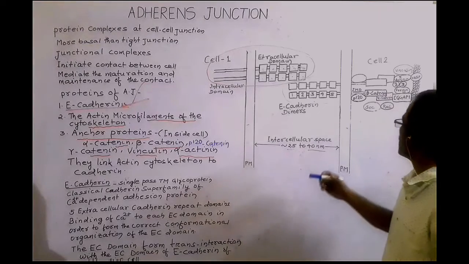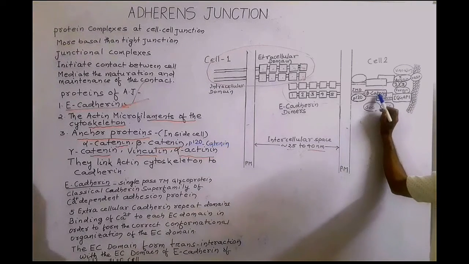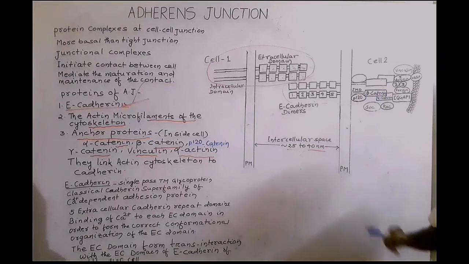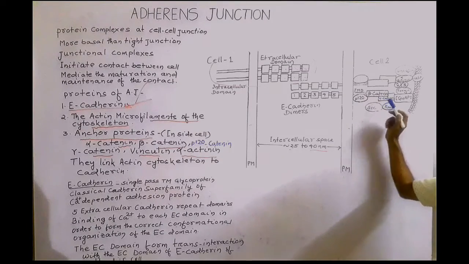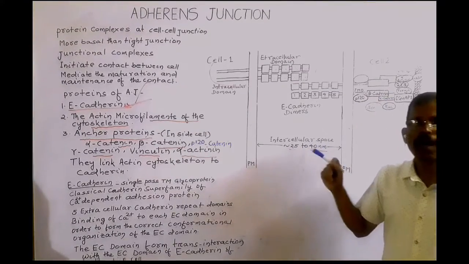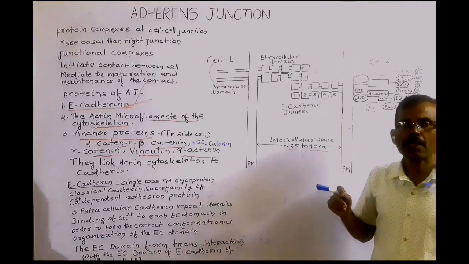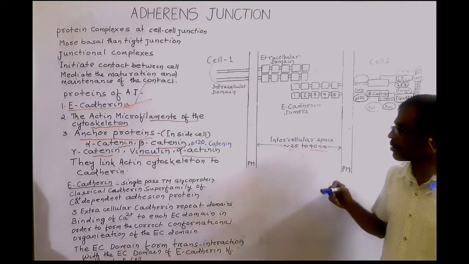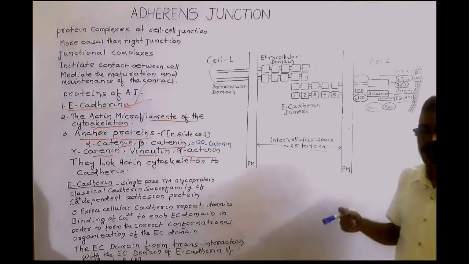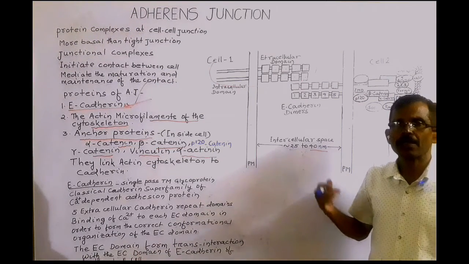Another catenin is beta catenin. Beta catenin binds with the carboxyl terminus domain of the intracellular domain of E-cadherin. Beta catenin also binds with alpha catenin. Together they modulate the interaction with the underlying actin cytoskeleton.